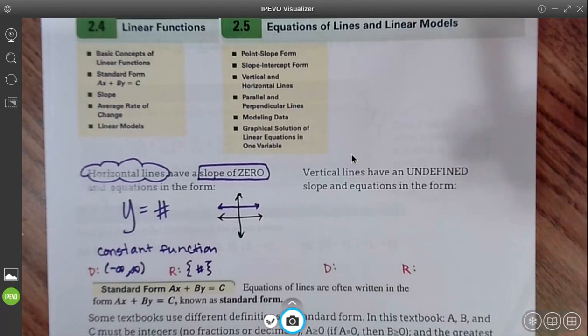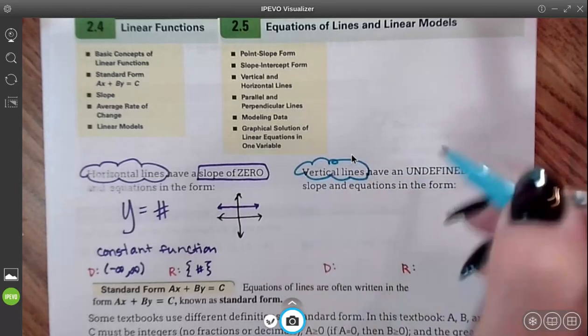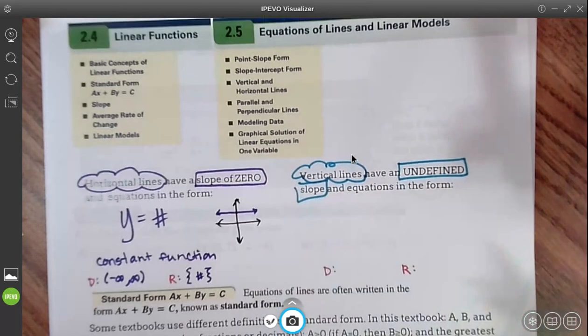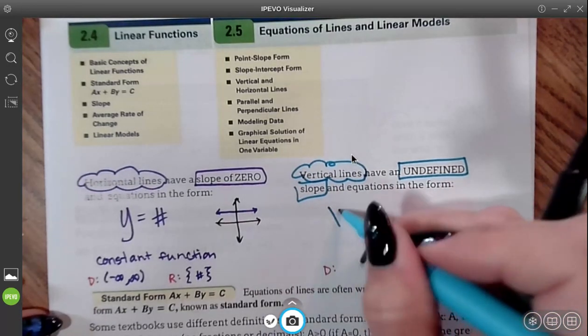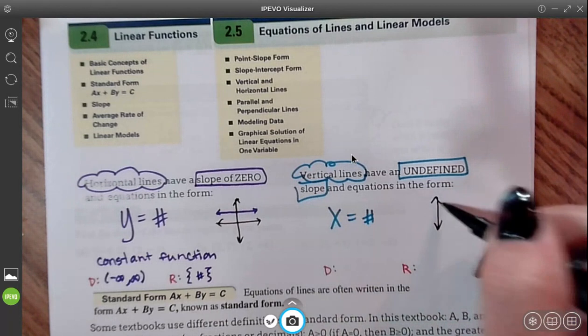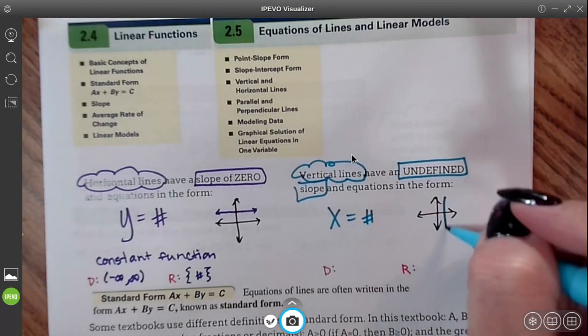As opposed to a vertical line, vertical lines have an undefined slope, and their equations are in the form x equals a number. On the coordinate plane, a vertical line will be straight up and down.